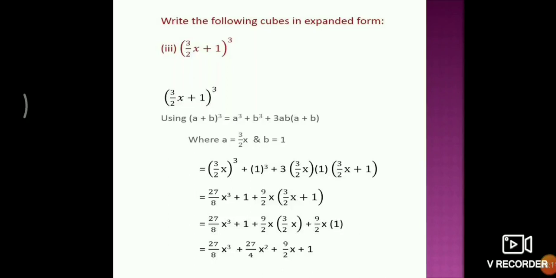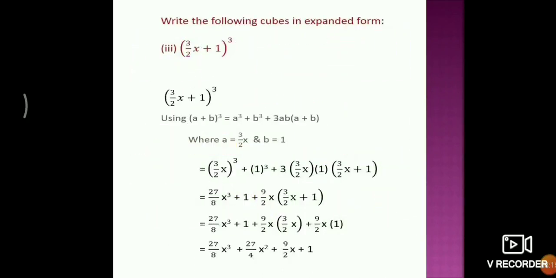Substituting these values again in the given identity, I got (3 upon 2x) whole cube plus 1 whole cube plus 3 into 3 upon 2x into 1 bracketed (3 upon 2x plus 1). Calculating it, I got my answer as 27 upon 8x cube plus 27 upon 4x square plus 9 upon 2x plus 1. This is very simple. You just need to substitute the values in the given identity.